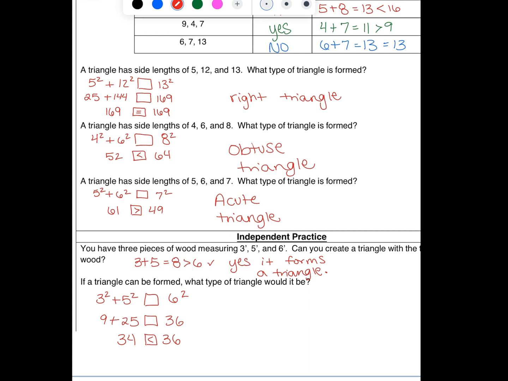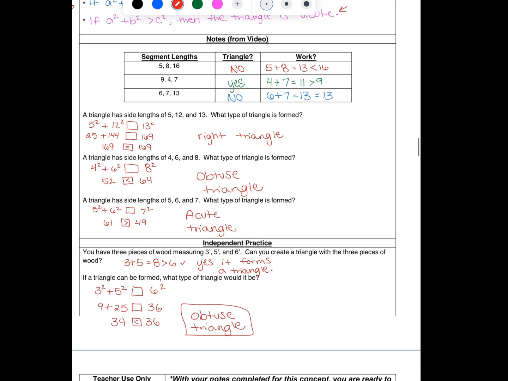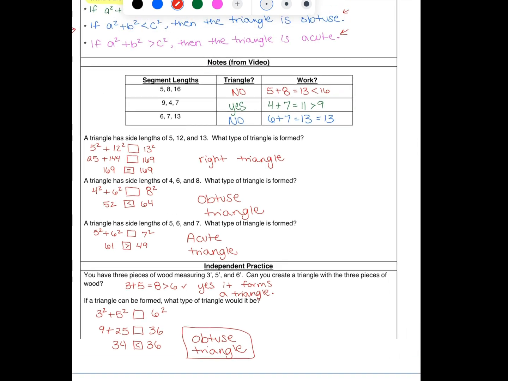So that means we have an obtuse triangle formed from these 3 pieces of wood. And that concludes 30B.